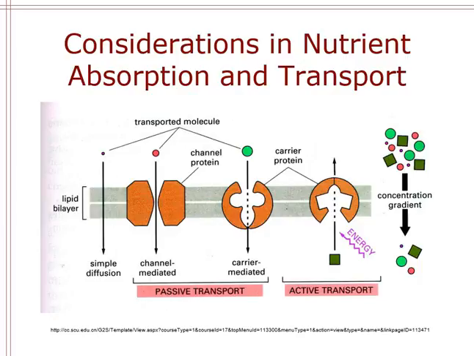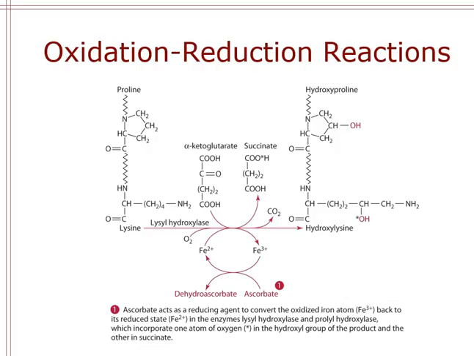So the image on the screen here, just to use it as an example, shows how vitamin C works in an oxidation reduction reaction. You have probably heard before that vitamin C helps with iron absorption. That's one of those basic nutrition 101 type questions. But we may not really think about how that happens, and this really illustrates that. Iron exists in two different forms in an aqueous environment, such as the blood.